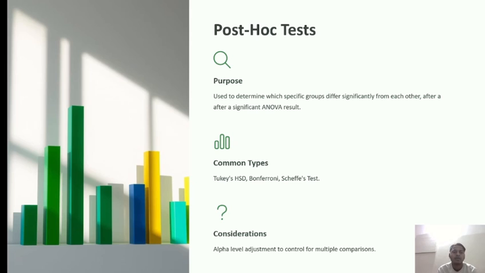Post-hoc tests. Purpose: used to determine which specific groups differ significantly from each other after a significant ANOVA result. Common types: Tukey's HSD, Bonferroni, Scheffe's test. Considerations: alpha level adjustments to control for multiple comparisons.